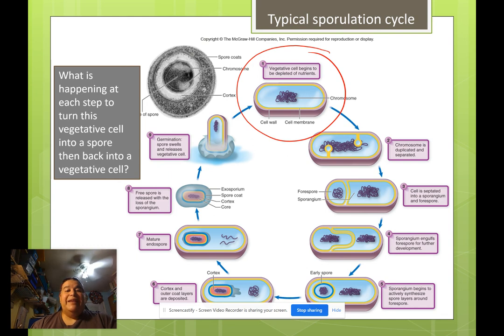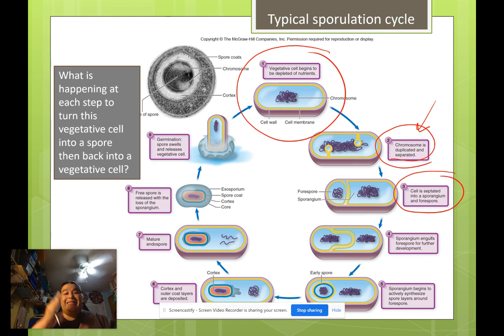In other words, its environment is becoming less and less favorable. It's not working as well as it did before. So when I get kicked into sporulation gear, the first thing I'm going to do is duplicate my genetic material and separate it. Basically, I'm making a copy and I'm isolating those two copies.